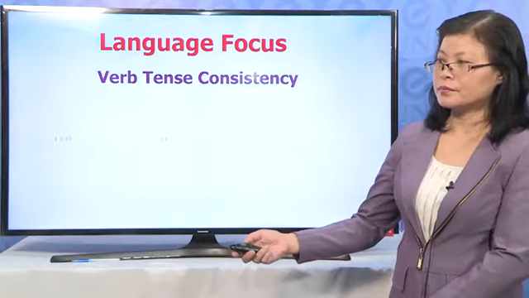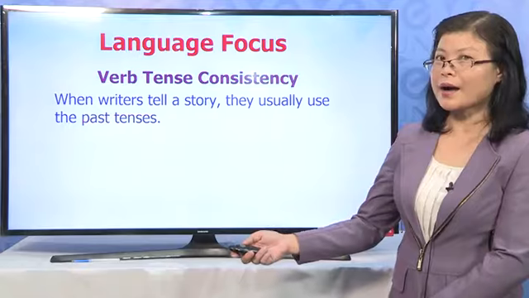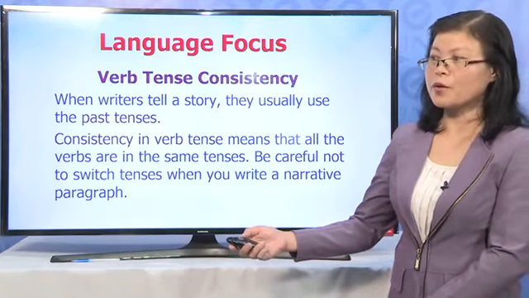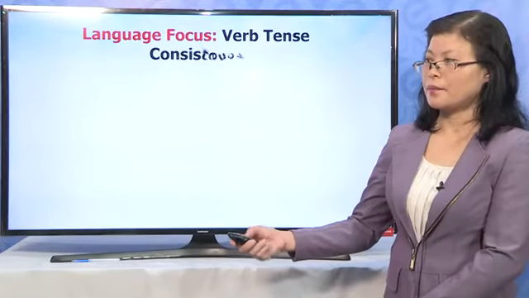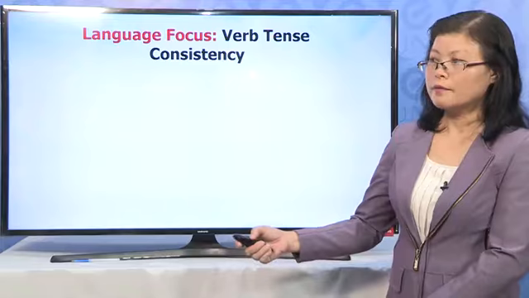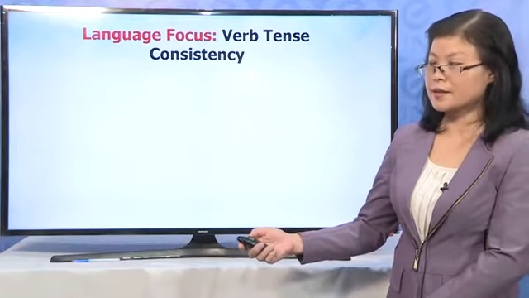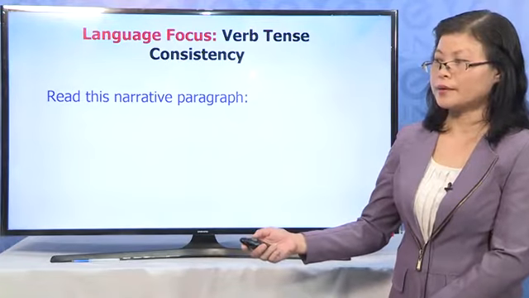And in this kind of narrative paragraph, the writer should focus on these things. The verb tense consistent. Why?